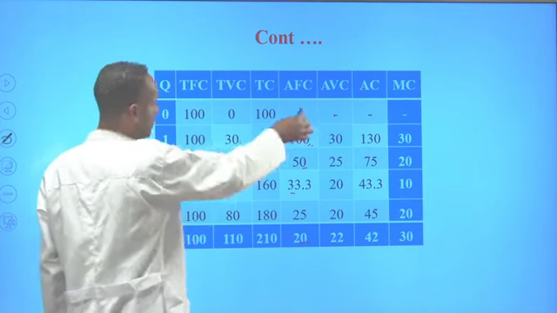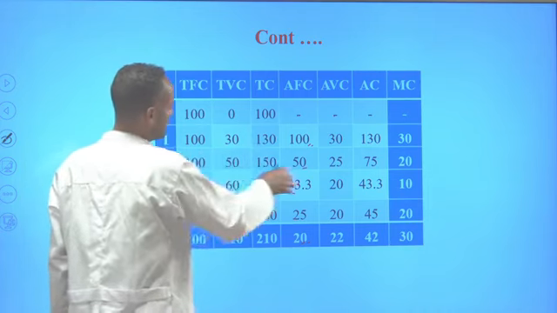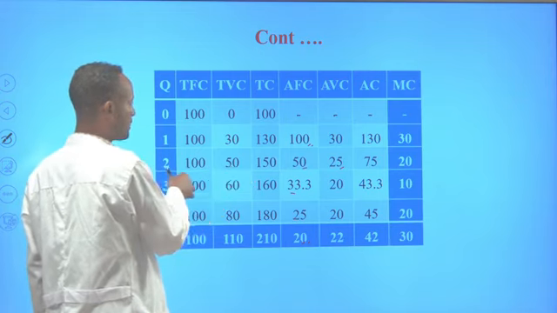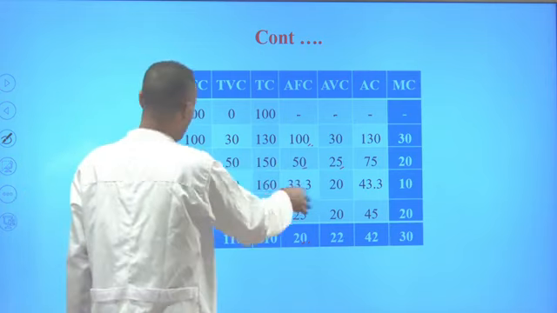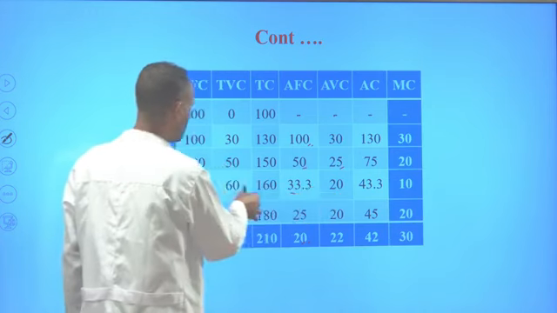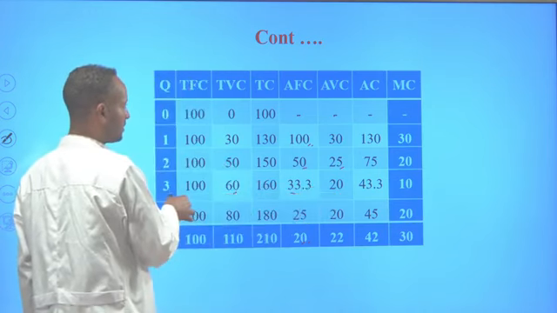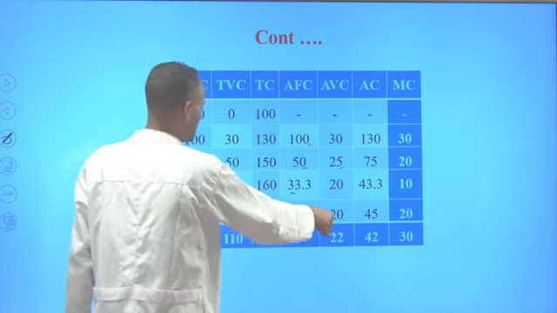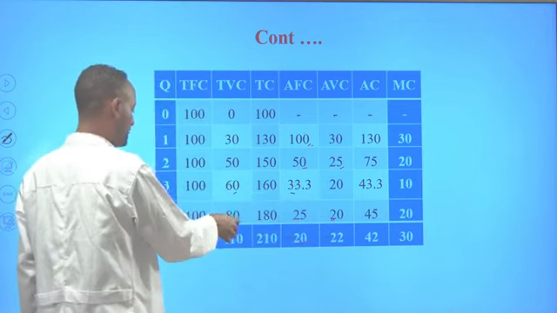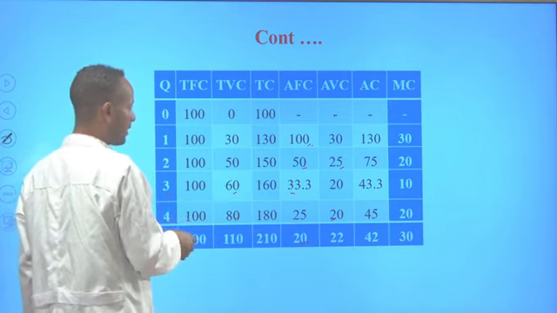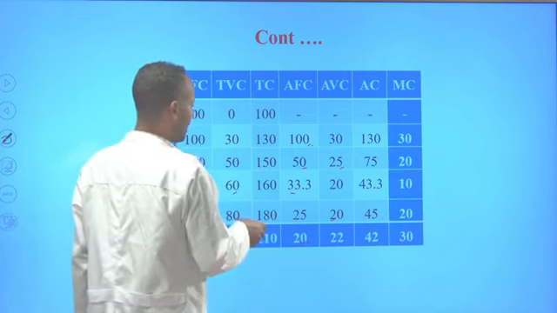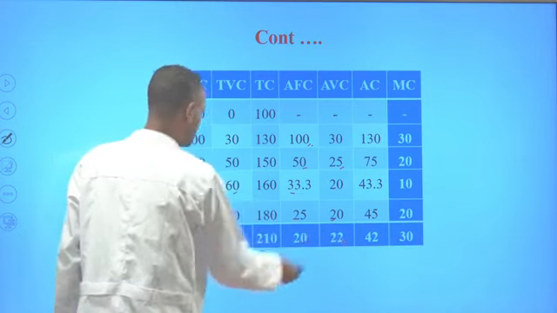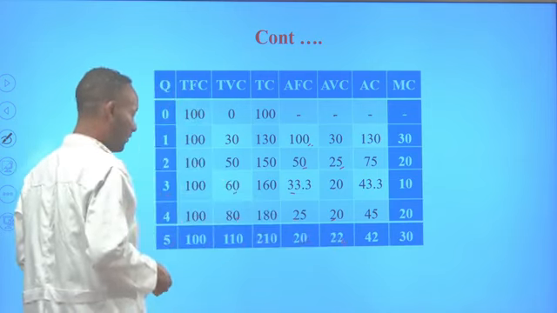The average variable cost of producing 2 units is 25. It is calculated by dividing 50 by 2. The average variable cost of producing 3 units is 20. It is calculated by dividing 60 by 3. The average variable cost of producing the fourth unit is 20 again. It is calculated by dividing 80 by 4. And finally, the average variable cost of producing 5 units is 22. It is calculated by dividing 110 by 5.